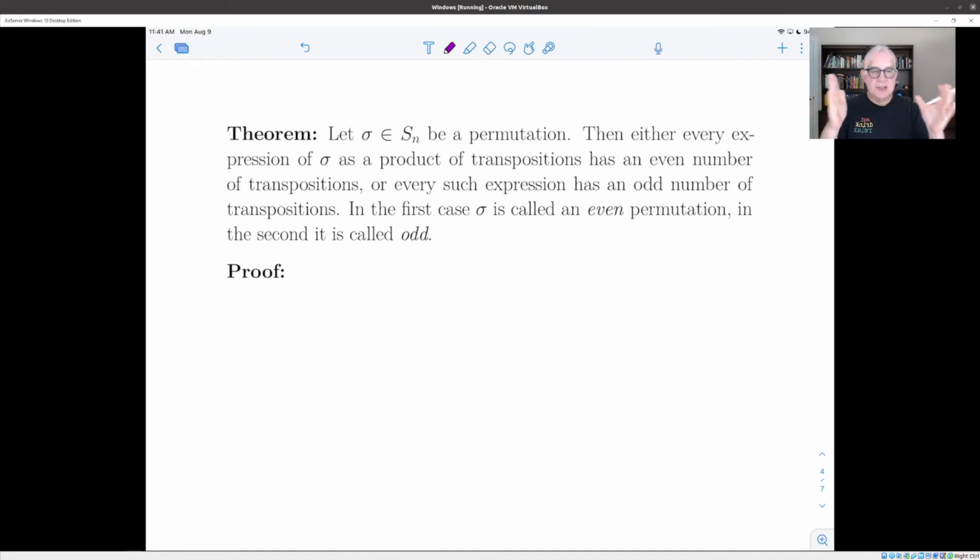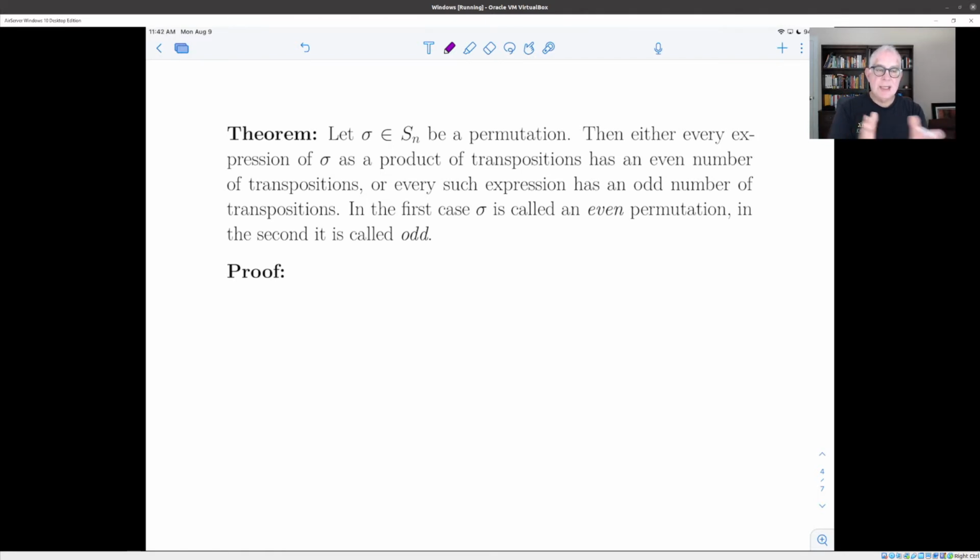We know there are lots of different ways to do this, but what turns out to be the case is that either you always get an even number of transpositions, or you always get an odd number. So the theorem says: either every expression of sigma as a product of transpositions has an even number in it, or it has an odd number in it.